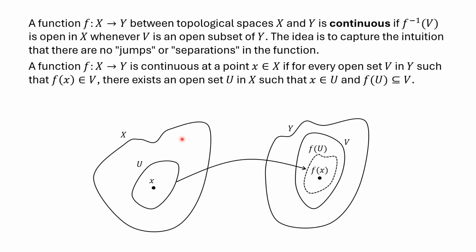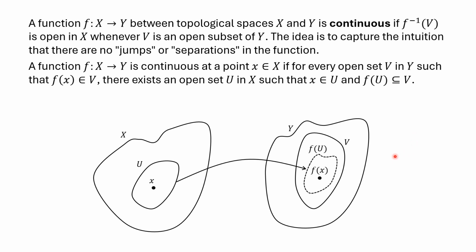Let's look at the picture a little bit. We're talking about continuity here at this point x. It's saying that for every open set V that contains f of x, there's another set U in X so that when you map it, the image of U under f, this dotted line here, is inside of V. A little bit of complexity here, but again, we're not using any distances.